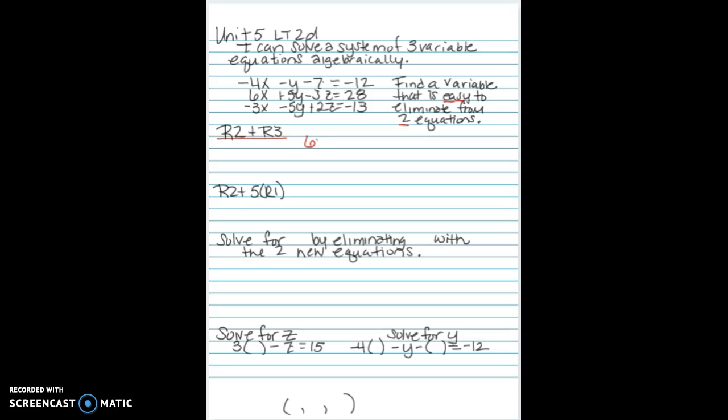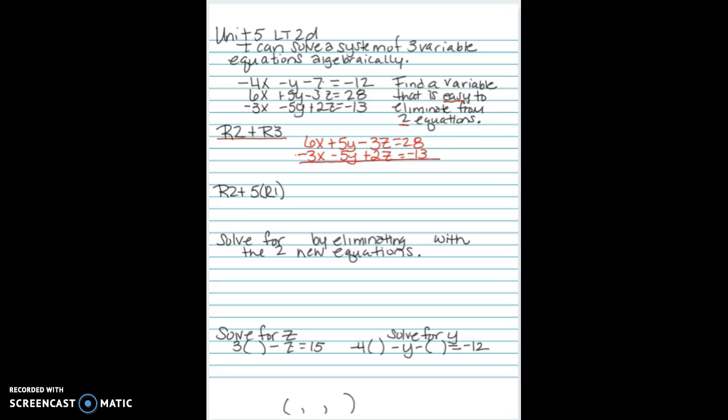So literally, row 2, 6x plus 5y minus 3z equals 28. And equation 3, or row 3, negative 3x minus 5y plus 2z equals negative 13. I'm going to add these two equations together.